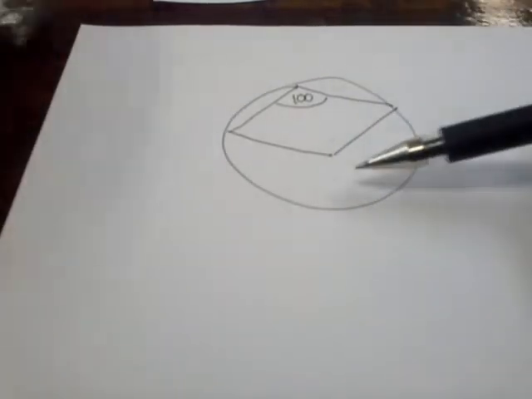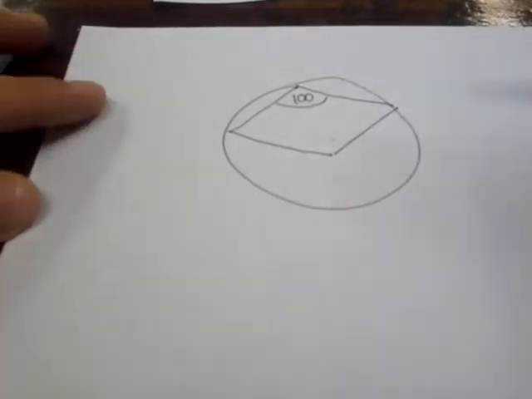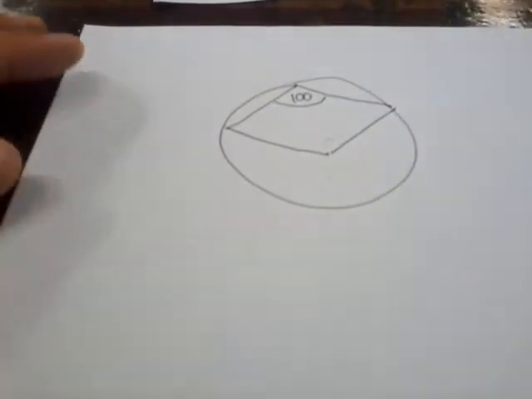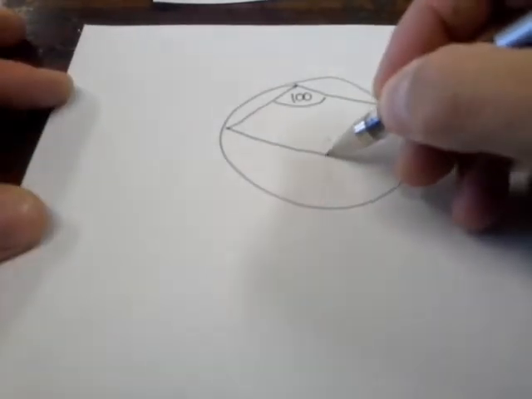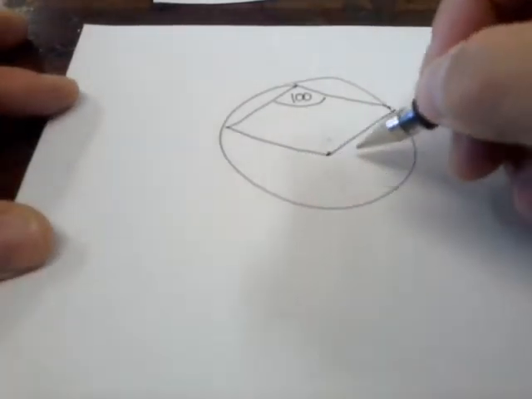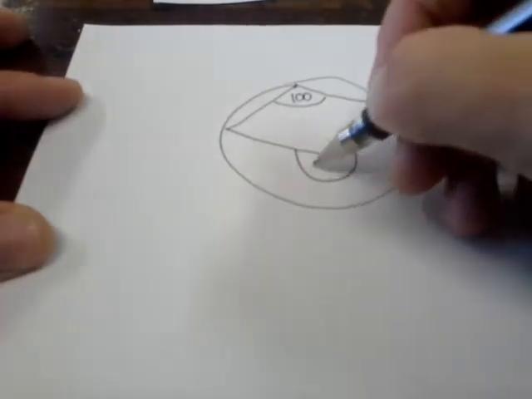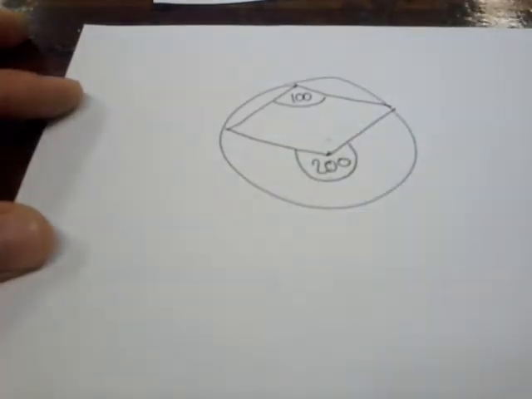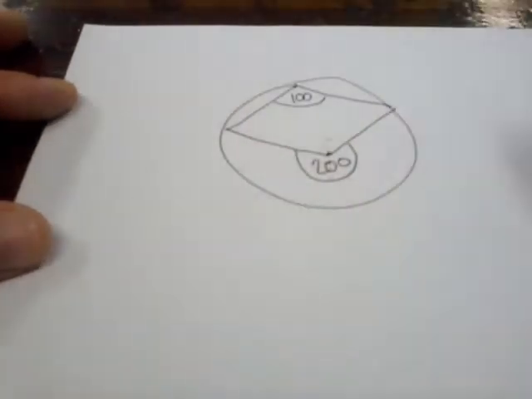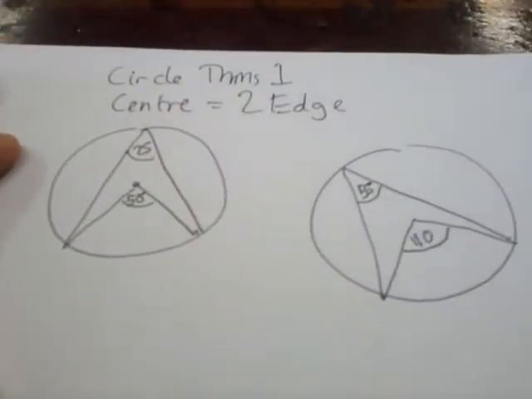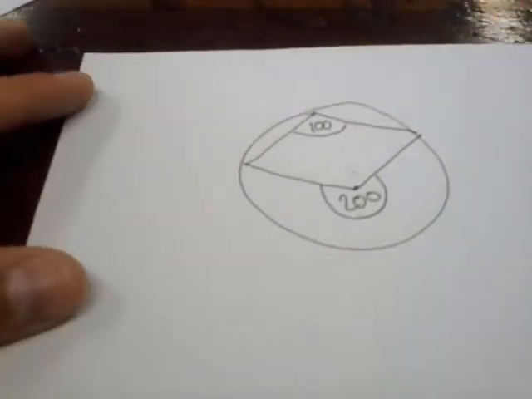That actually was true in the other examples as well, but we somehow skipped over that. So one of these angles should be 200 degrees, and if you think about it carefully enough, it obviously has to be the reflex angle, the one that's bigger than 180 degrees, so the one on the other side of the, I guess, quadrilateral to the angle at the edge. It's actually exactly the same as the first two diagrams, but just be careful.